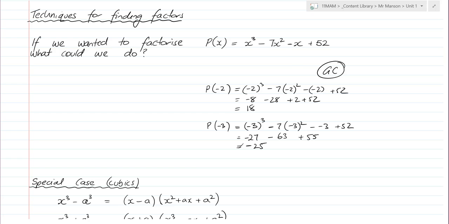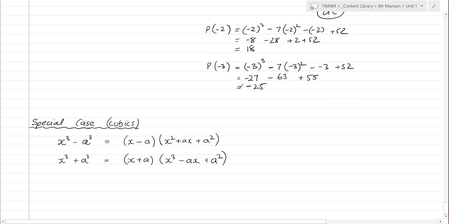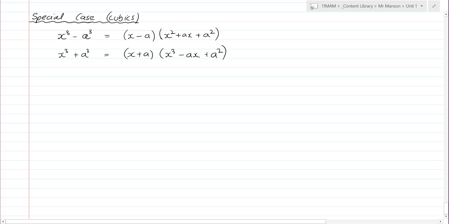And just lastly, there are a couple of special cases that may come up in terms of factorising. I would suggest there are some questions on that in your textbook. Be aware there's a couple of special cases, and when you get to those questions, practice using these, but they're going to be rare. You can see if it's just literally x cubed and a number, that's the special case.